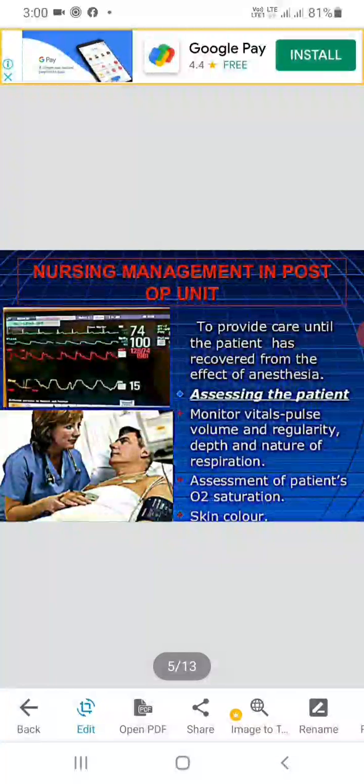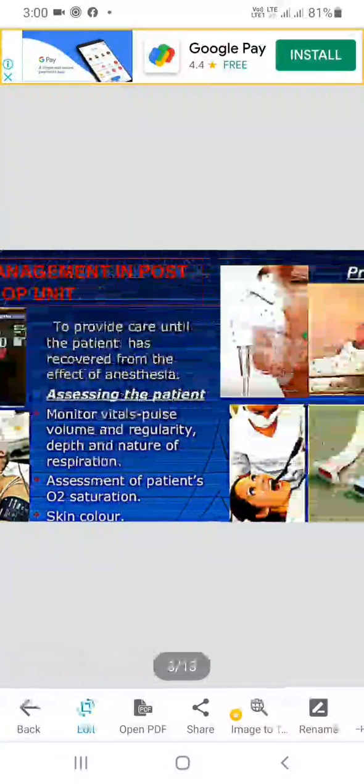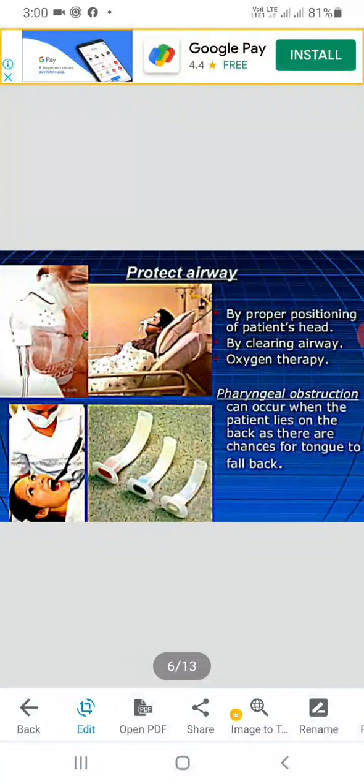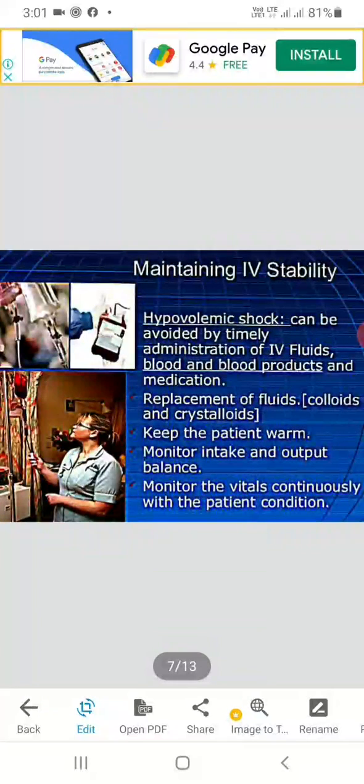Then assess oxygen saturation and skin color. Then protect the airway by proper positioning of the patient's head, clearing the airway, and oxygen therapy. Pharyngeal obstruction can occur when the patient lies on the back, as the tongue can fall back. Then maintain IV stability.